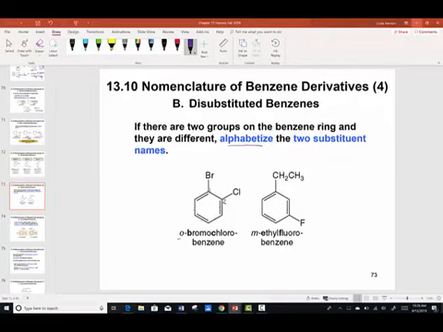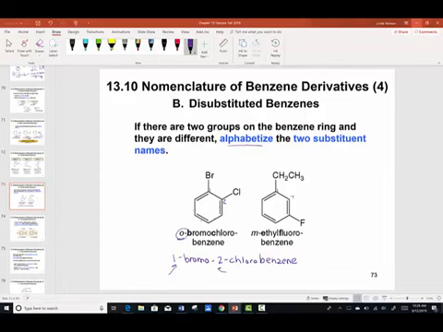I could say 1-bromo-2-chlorobenzene, but more often, more common, you will just hear that, or see it written here, said as ortho-bromochlorobenzene. This ortho automatically tells me the positions in alphabetical order of the substituent groups.